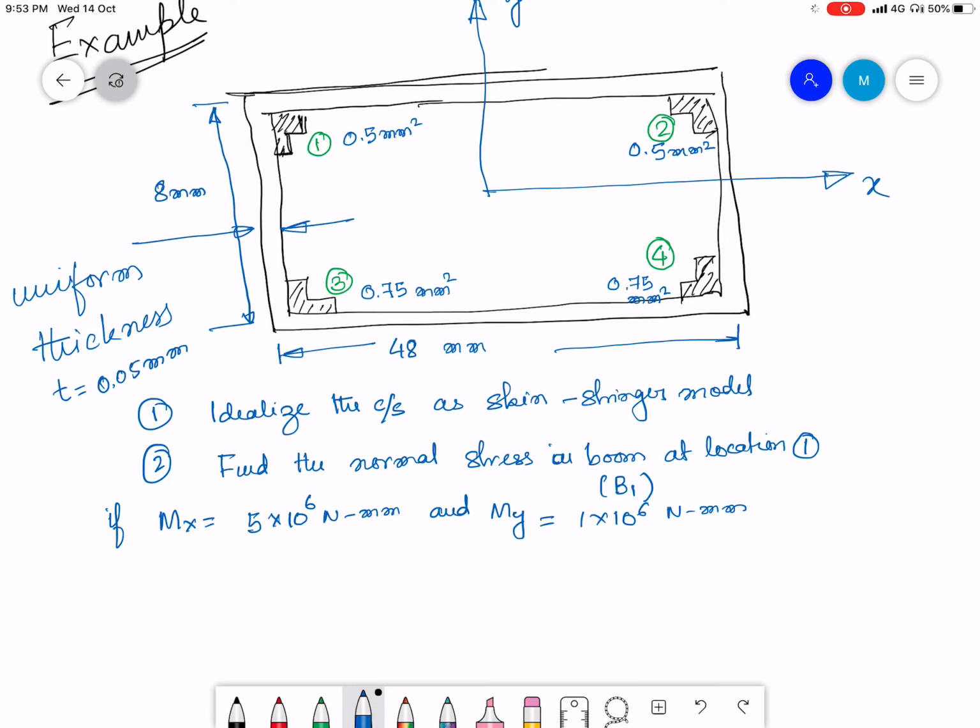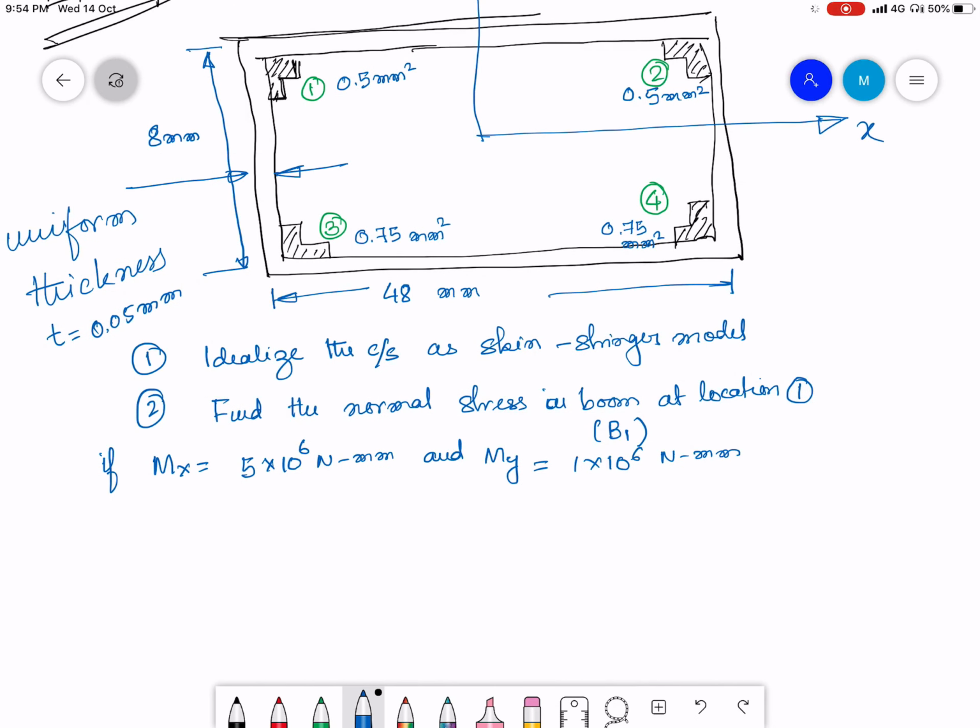The top two stringers have an area of 0.5 millimeter square each, while the bottom two stringers have an area of 0.75 millimeter square each. The question asks to idealize the cross section as a skin-stringer model and find out the normal stress in the boom located at 1 if Mx is equal to 5 into 10 to the power 6 Newton millimeter and My is equal to 1 into 10 to the power 6 Newton millimeter.